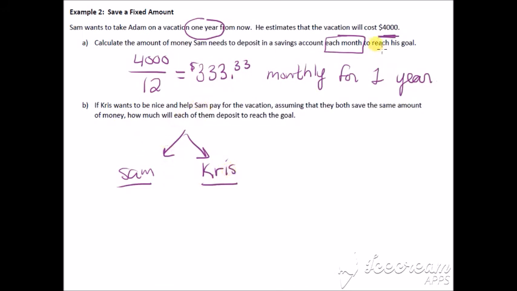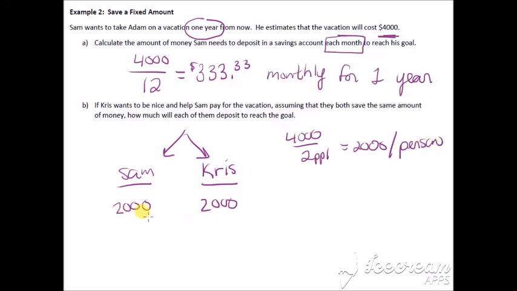Instead of them both saving $4,000, they're both going to save $2,000. That's just 4,000 divided by 2 people. This is going to be $2,000 per person, right? And now again, monthly, divide each of these by 12.